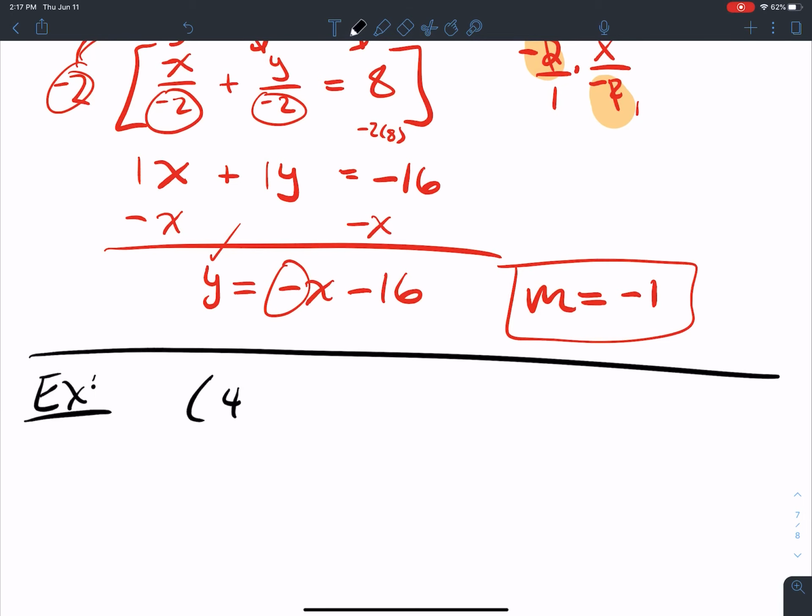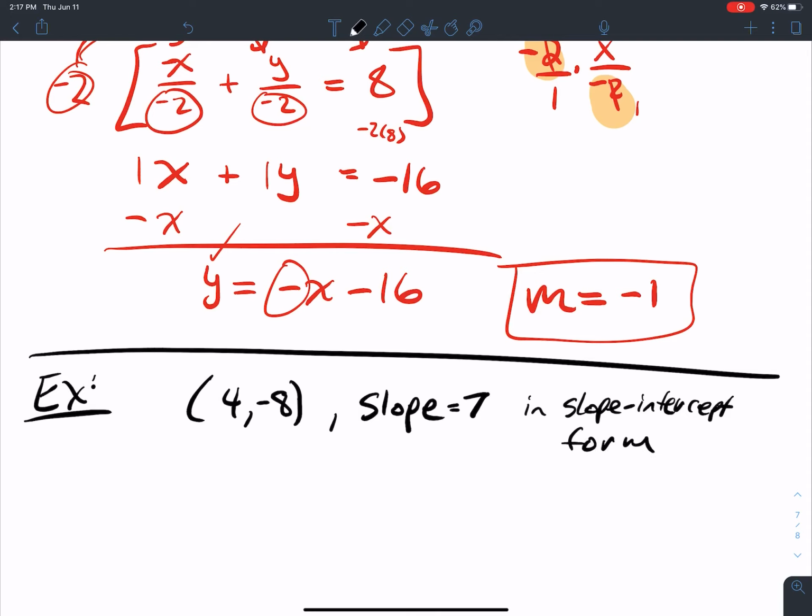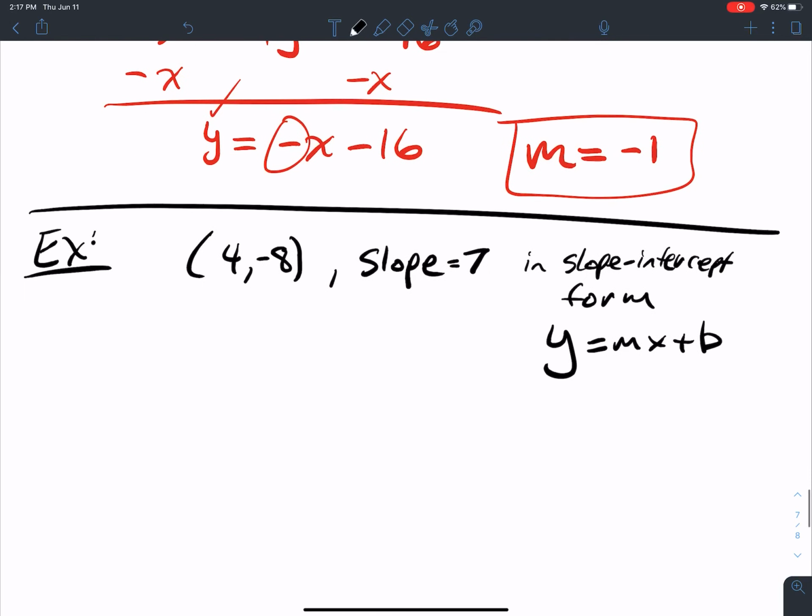Say I've got a point (4, negative 8), and I have a slope of 7. In slope-intercept form, I want to write the equation of the line, so that's y equals mx plus b. Okay, so right off the bat, I know that m is equal to 7.